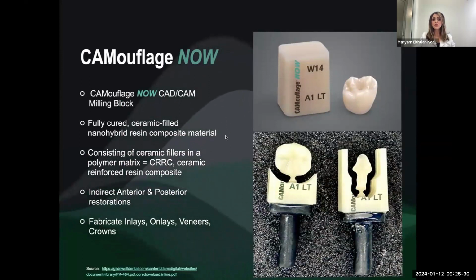I use it for both anterior and posterior indirect restorations. I fabricate inlays, onlays, veneers, and crowns with the Camouflage Now CAD/CAM milling block. I love that it is ceramic filled, and it really is a strong material.